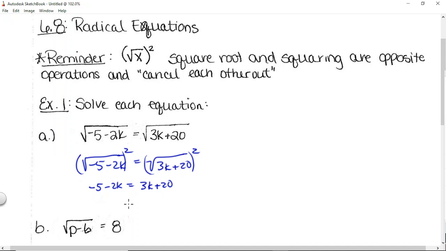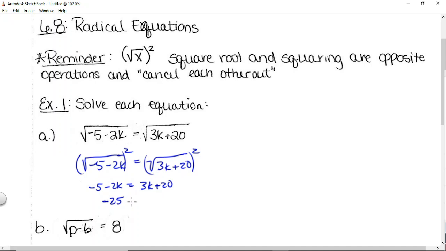So let's subtract 20 from both sides and add 2k to both sides. Okay, so we subtract 20. That gets rid of the 20 on the right side, correct? And it leaves us with negative 25 on the left.